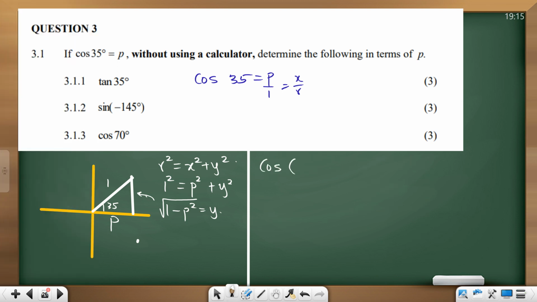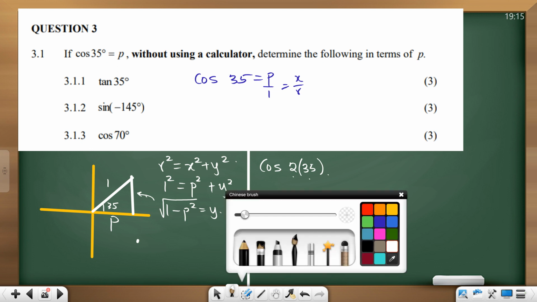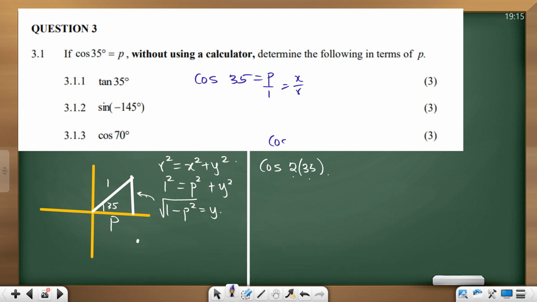It is cos of 2 times 35. What is 2 times 35? 70. There we go. This is actually your cos 2 theta. And what is your cos 2 theta, by the way?